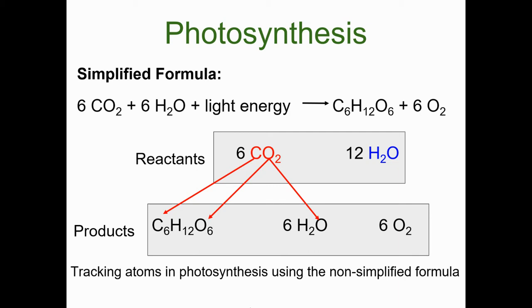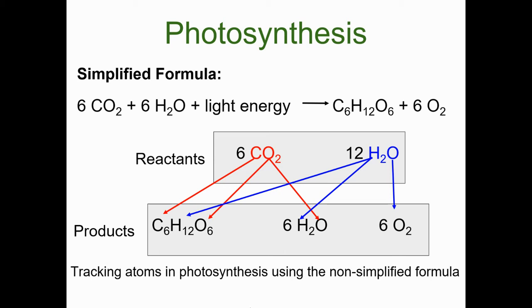The oxygen in carbon dioxide can be found in both the glucose and the water in the products, and then the water in the reactants goes to the glucose, the water and the oxygen. Again, this is a non-simplified version of the formula. And you can see the water in the reactants is taken out because it's simplified.